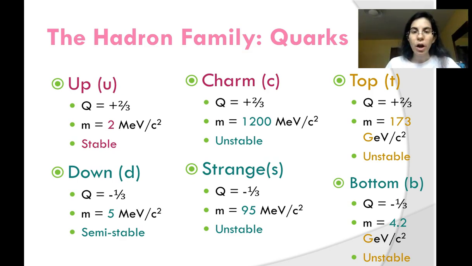Bottoms and charms occur naturally in very rare types of mesons and cosmic rays, but top we had to make in the lab because it has a mass of 173 giga electron volts per c squared, the heaviest subatomic particle, I should say quantum, we know, and that's why it never sticks around for long enough in order to be recognized.